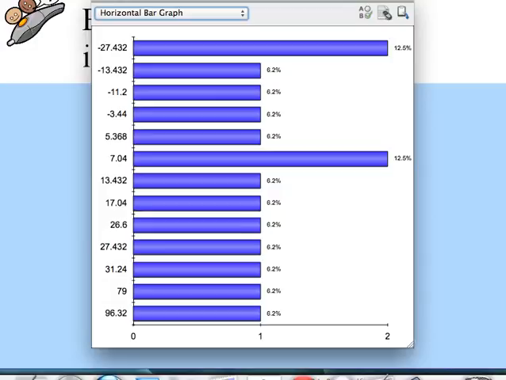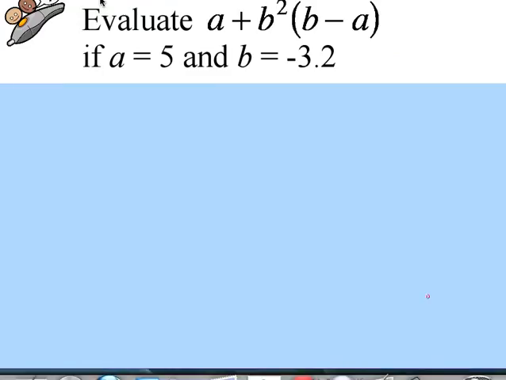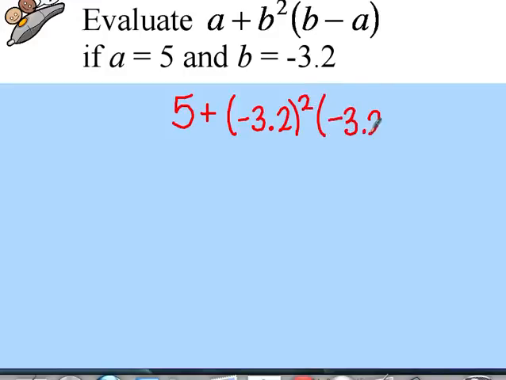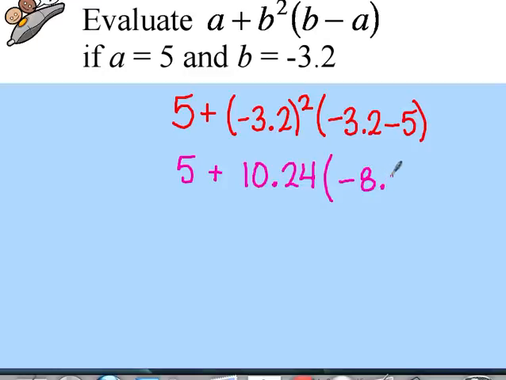There are the answers. Let's go ahead and work through that. We have 5 plus (-3.2)^2 times (-3.2 - 5). What is negative 3.2 squared? 10.24. Then what I end up getting here is negative 8.2.